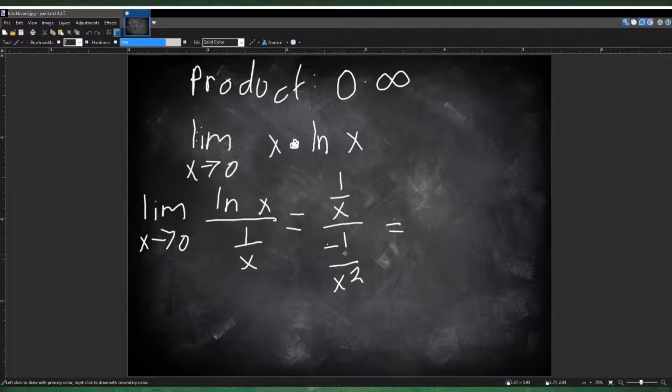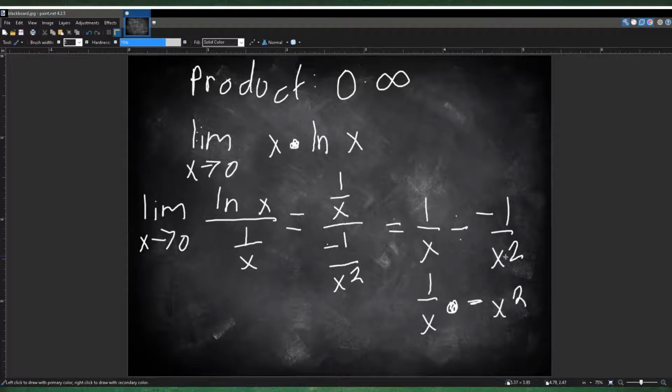So now we just have 1 over x divided by negative 1 over x squared, right? Which is the same thing as saying 1 over x times negative x squared, right? Because dividing is basically multiplying by the reciprocal.